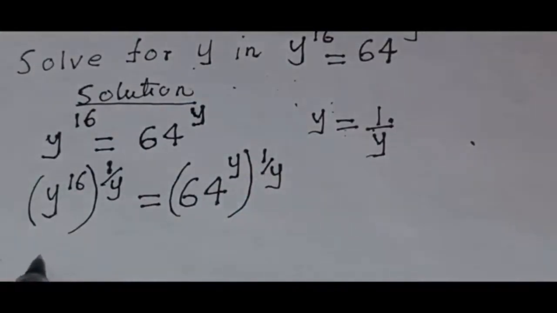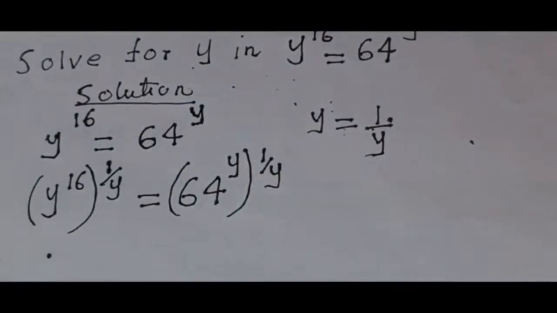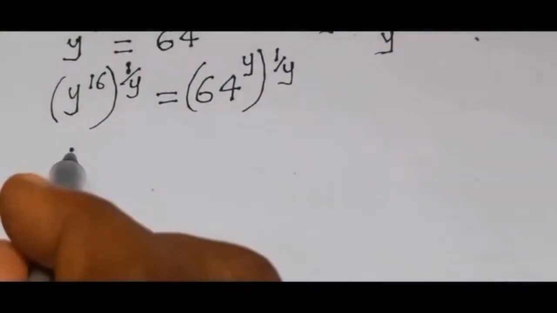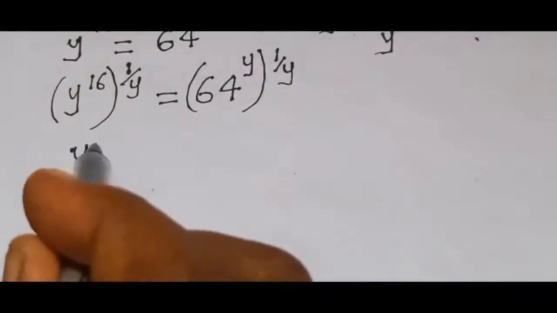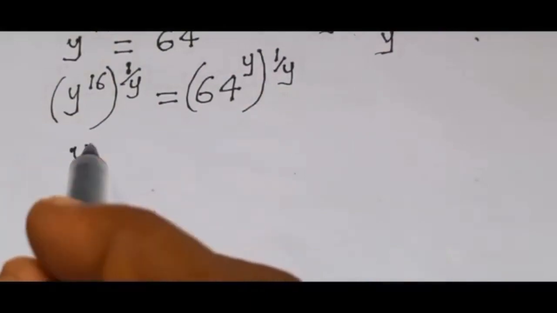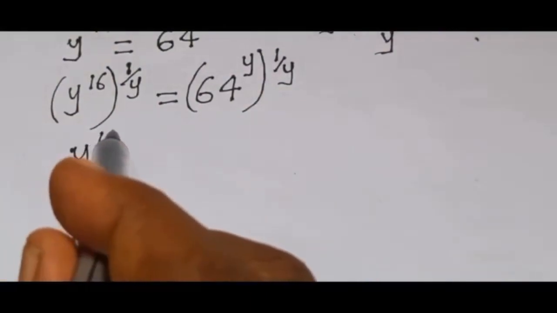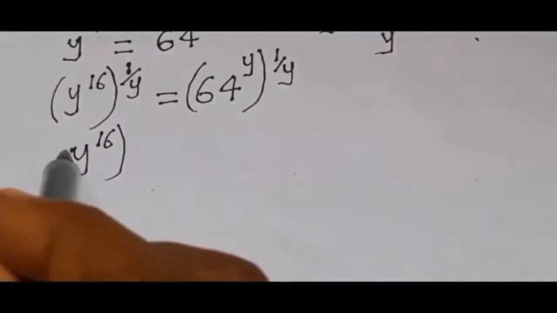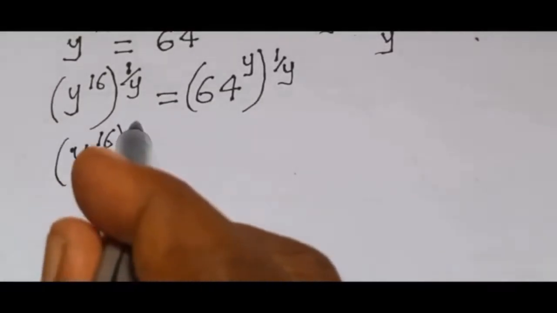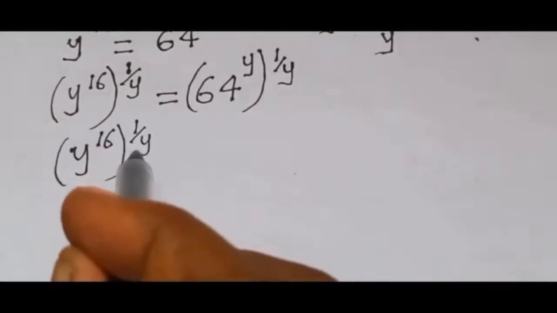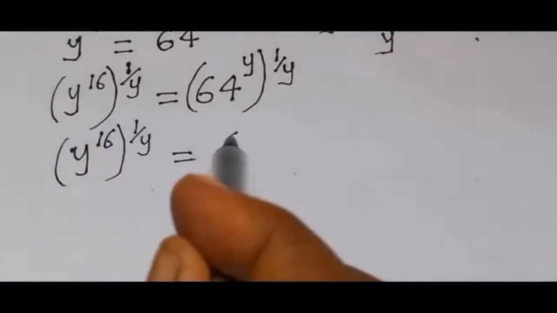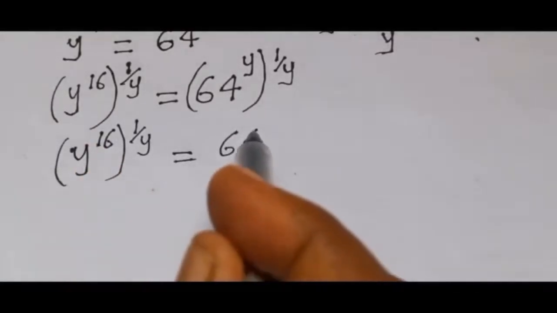So here we have y raised to power 16 in the bracket raised to 1 over y equals 64.